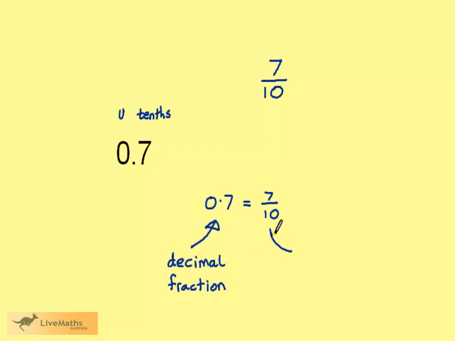Seven tenths is usually referred to as a fraction, but the full name for this type of fraction is a vulgar fraction. 0.7 and 7 tenths are just different representations of the same number. They're just different ways of writing 7 tenths.